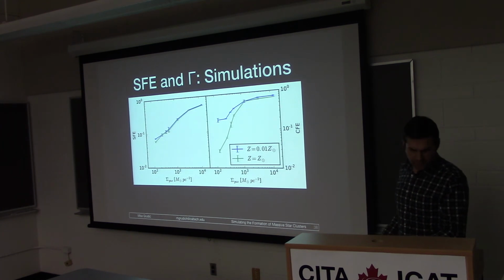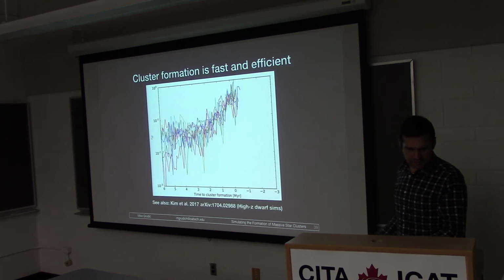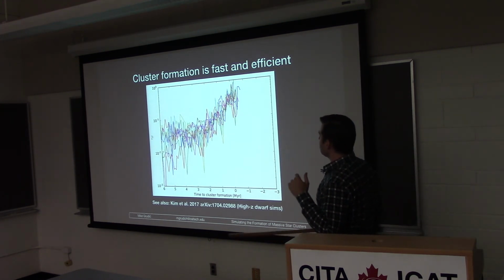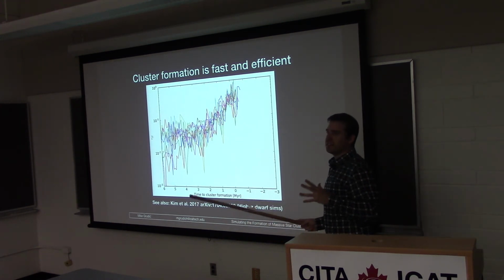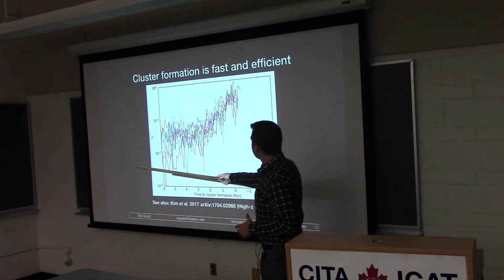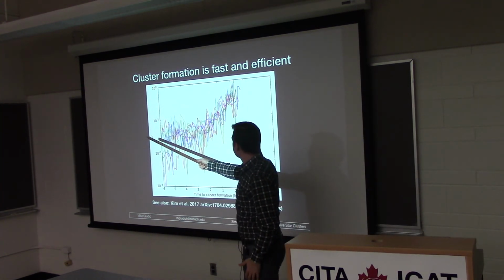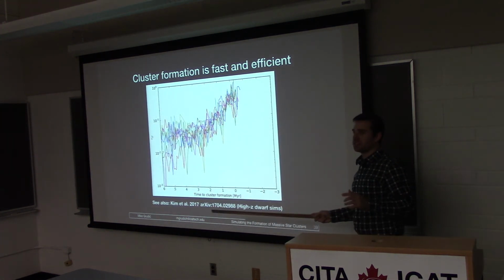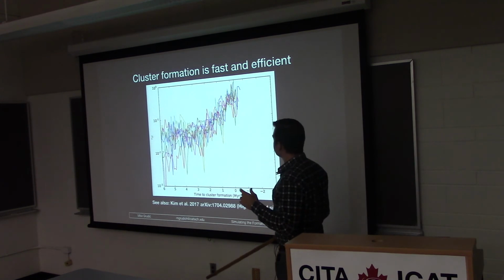And the last thing I wanted to say about cluster formation is that it happens in a highly efficient regime. So this is the per free fall star formation efficiency as a function of time to star cluster formation for an ensemble of star clusters from my simulations.